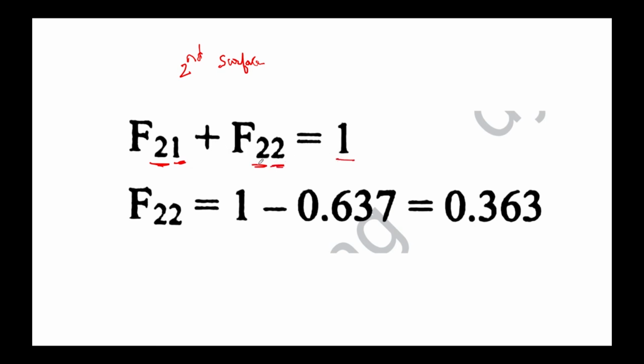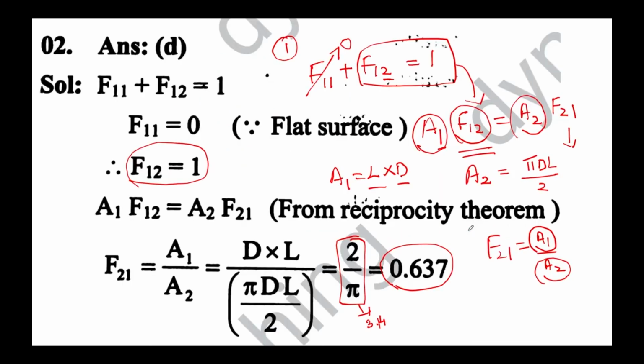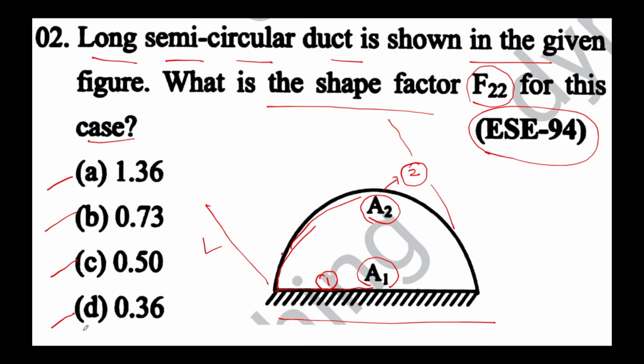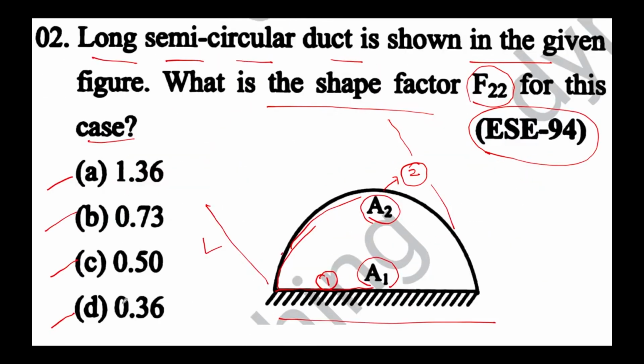You are supposed to find this answer, so you can bring this F21 to the other side of the equation, which you found in the previous step as 0.637. Upon simplification, you get the answer as 0.363. So going back to the options, the nearest option is option D because you are getting 0.363. So option D is the correct answer.